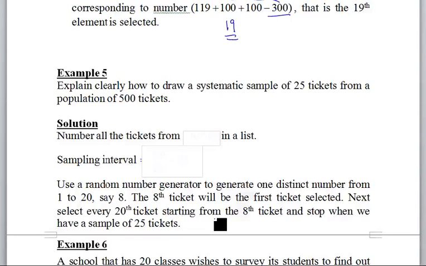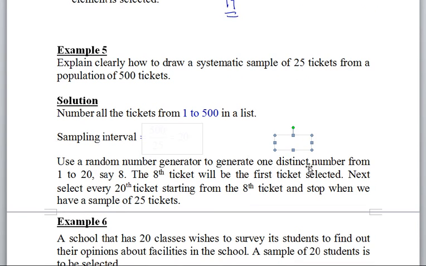Okay, now, Tommy. Describe clearly how you would draw a systematic sample of 25 from population 500. First, I need a sampling frame, 1 to 500. I number them from 1 to 500. Next, I decide what is the sampling interval. Sampling interval is clearly 500 divided by 25, which is 20.